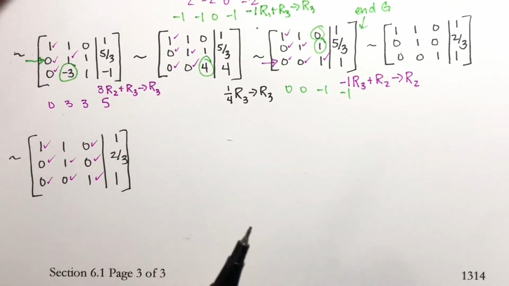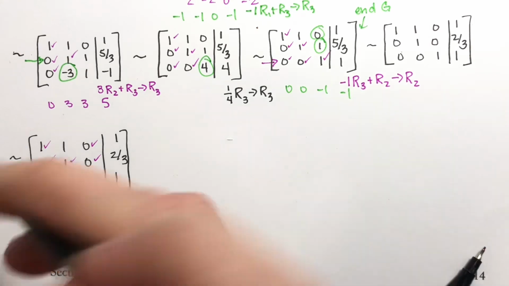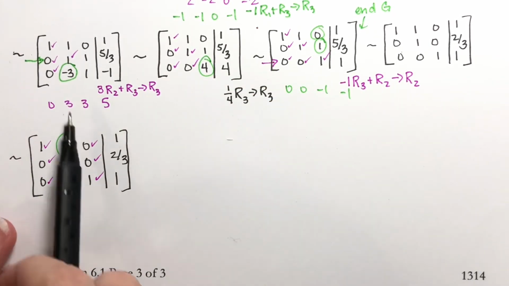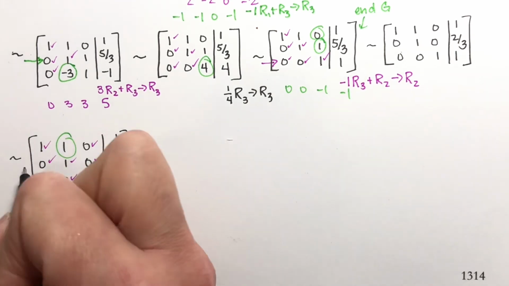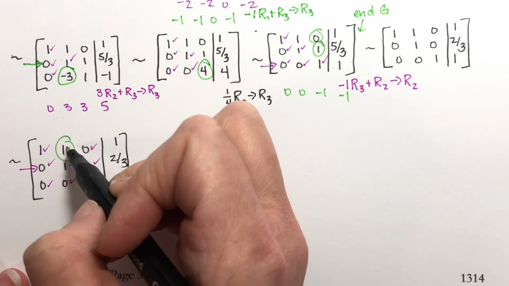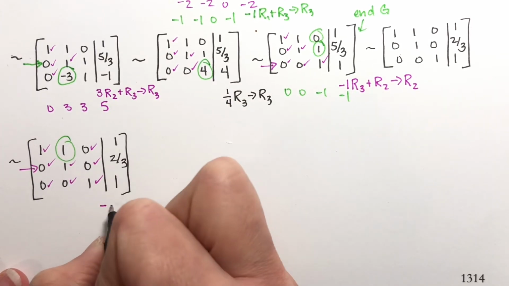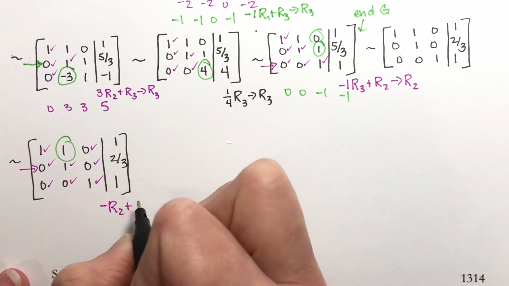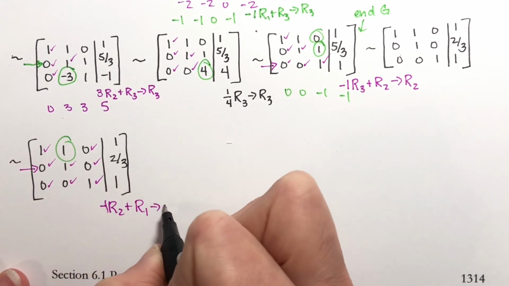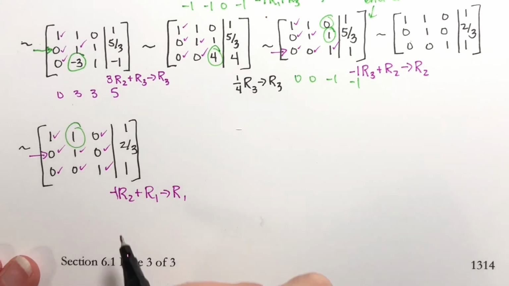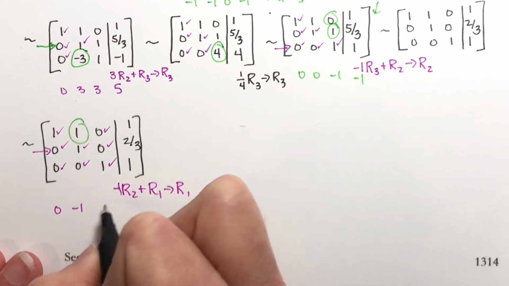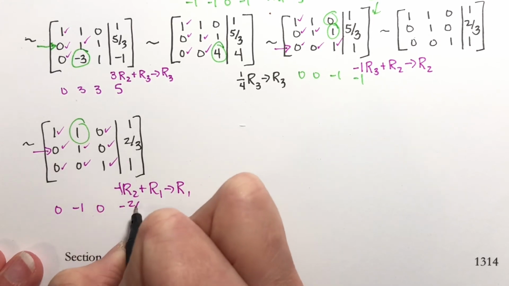Okay, and we need a 0 in that position, which means we need to find our tool row, which is always the 1 in that column that we have checked or created, so it's row 2. I should multiply this by -1 to make that go away, so I do -1 row 2 plus row 1, and I'm going to rewrite row 1 with this. -1 times row 2 is 0, -1, 0, -2/3.